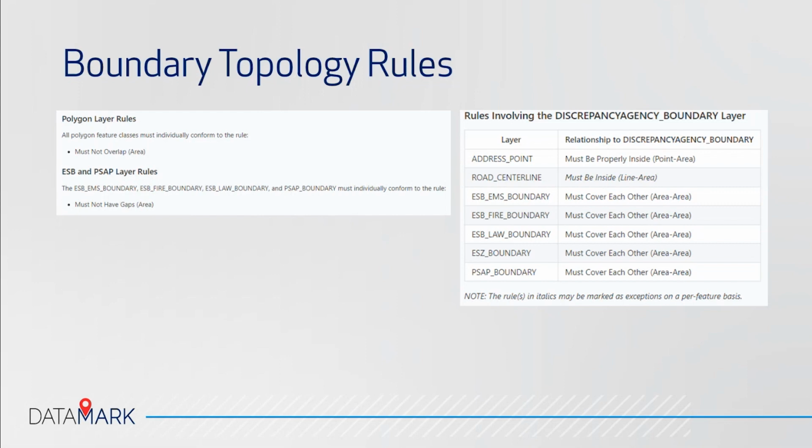So with the road center lines, the rule is it must be inside the discrepancy agency boundary. So essentially, if there's any road center lines that go outside of your boundaries, it's going to flag that as an error and say, no, you can't submit this because it's outside of your discrepancy agency boundary. However, there are some occasions where you may need to make that adjustment.